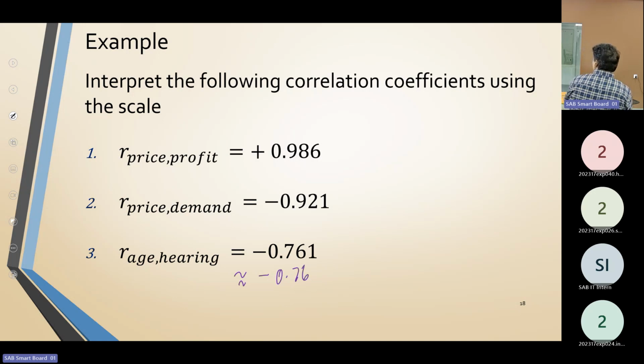This falls in the strong negative region. So it shows that there is a strong negative linear relationship between age and hearing ability.